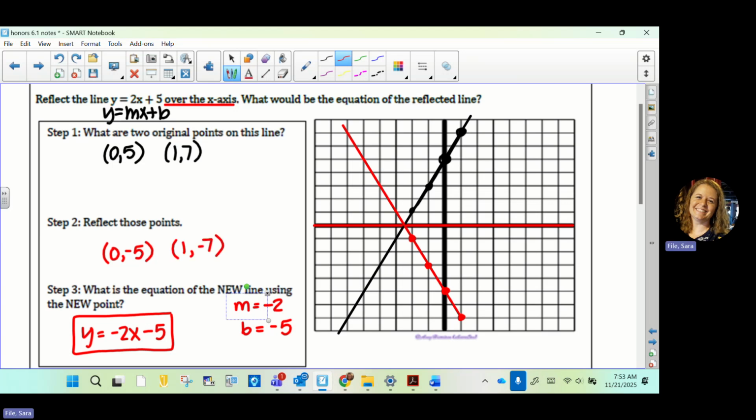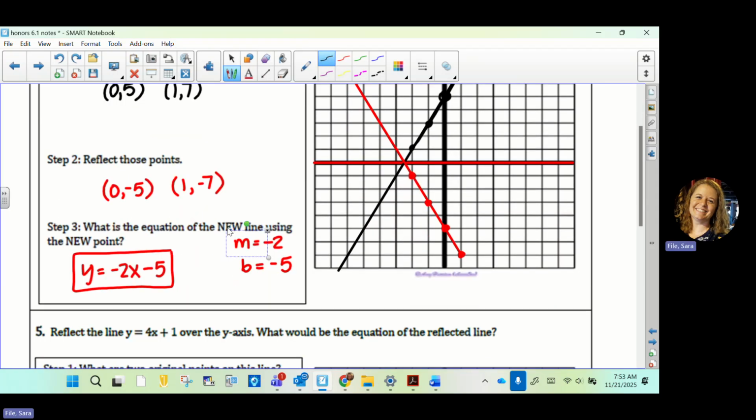So you could just pick 2 points like this, and you could use y minus y1 equals m times x minus x1. You could plug in your x, y for one of the points and x1, y1 for the other point and find your slope if you couldn't count the slope.